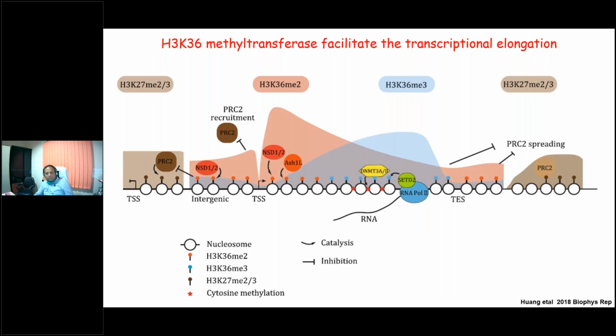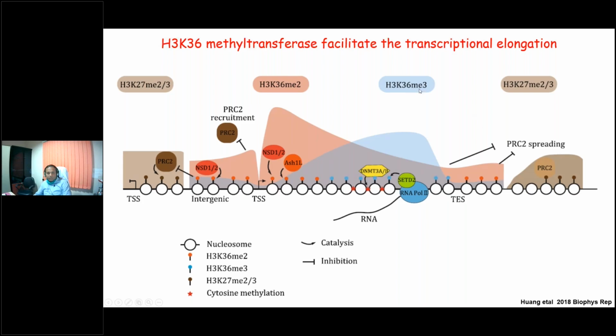Recent genome-wide studies have identified that the H3K36 mark has differential distribution. For example, if you see here the arrow, this is a transcription start site for a gene, and on the transcription start site you see a high level of H3K36 dimethyl that goes down on the gene body.